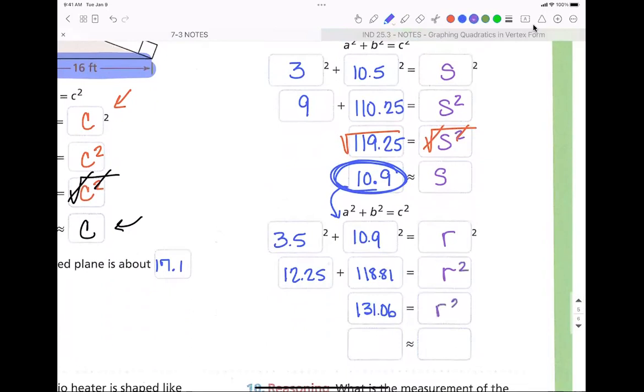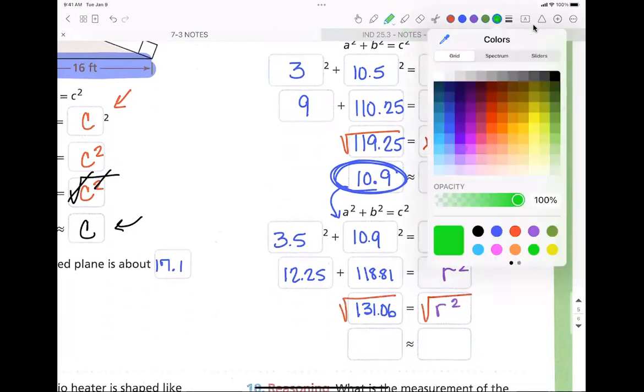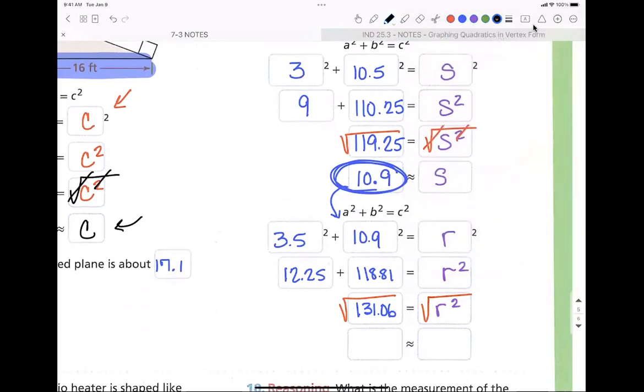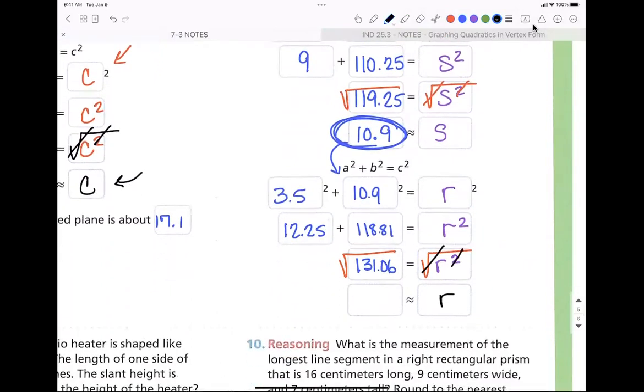Now this is R squared, and we don't want R squared, we want R, so we're going to take the square root of both sides. Put 131.06 under the radical, and we know that the R just drops out as an R. What do we get, rounded to the tenth? Everybody good with that?